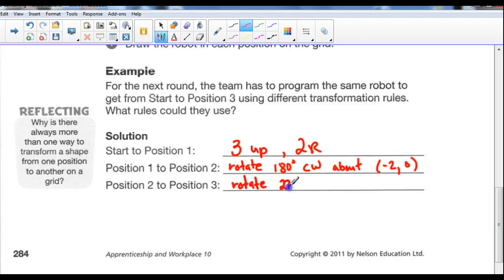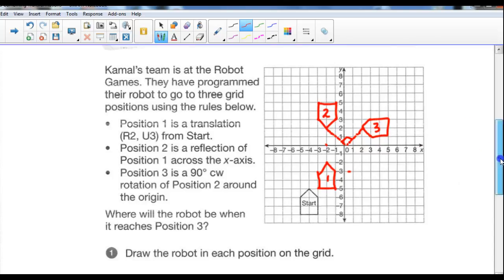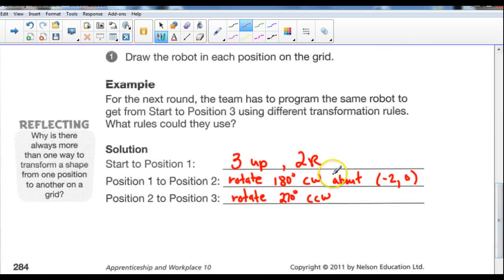Rotate it 270 degrees counterclockwise. And that would put us in this position over here. We rotate it 270 degrees counterclockwise about the origin.